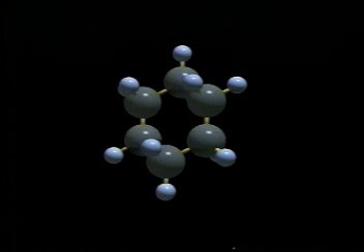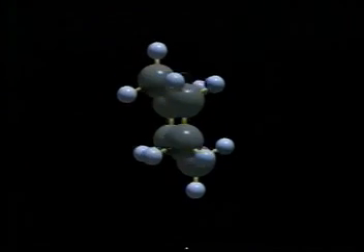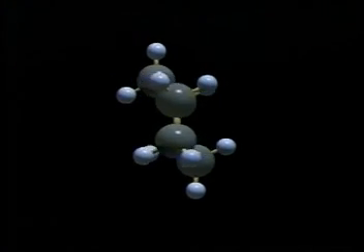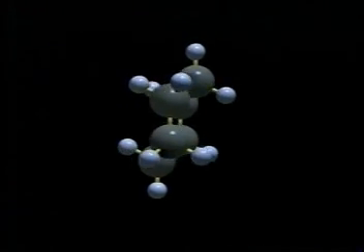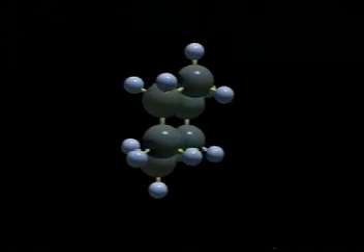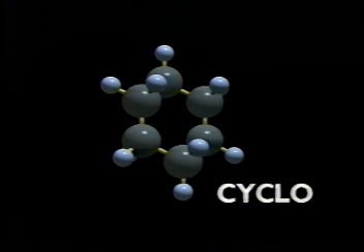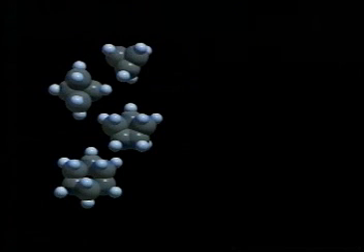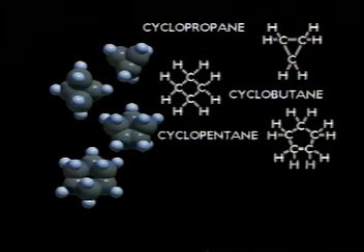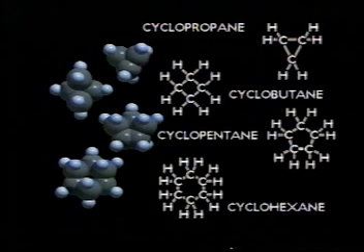Just as benzene has a ring structure, alkanes and alkenes can join in rings of 3, 4, 5, 6, and so on. But the difference is they have normal single and double bonds. These have the prefix "cyclo" to indicate the ring structure. So for the alkanes, there is cyclopropane, cyclobutane, cyclopentane, cyclohexane, and so on.